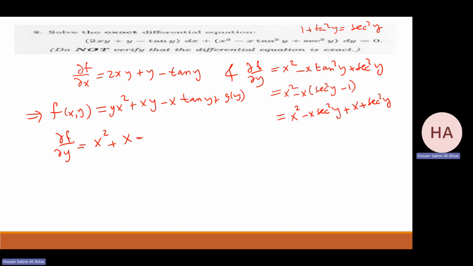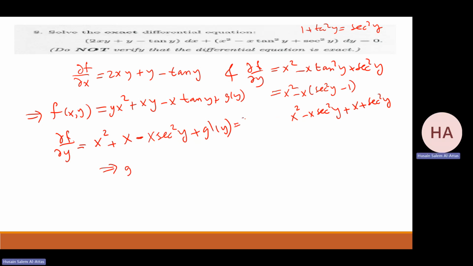This one will be what? Minus x secant square y plus g prime of y. So I want this to be equal to this. Now it's okay. This is equal to this. So I'm getting g prime of y.